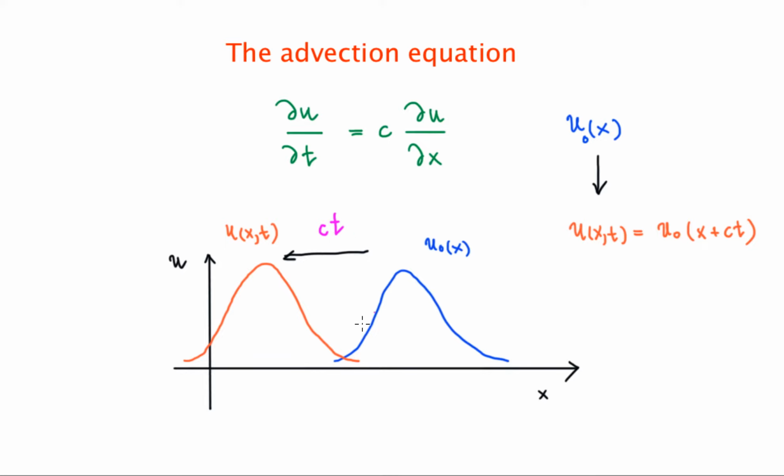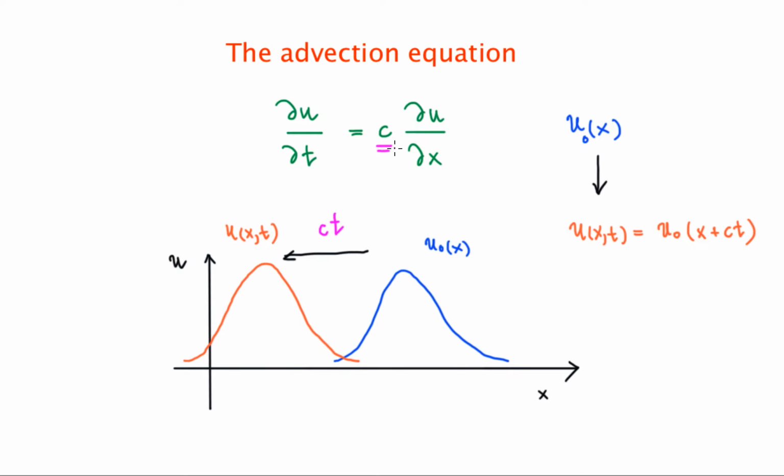As we can see here, once we know the initial shape of the wave, it's easy to derive how the wave is going to look at any time. Of course, this is just in the case that this c parameter is a constant.